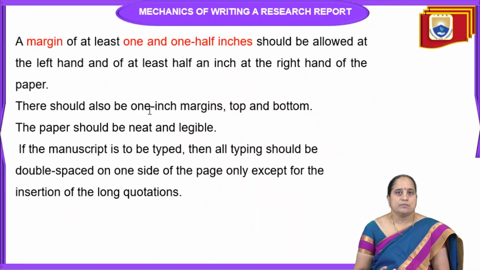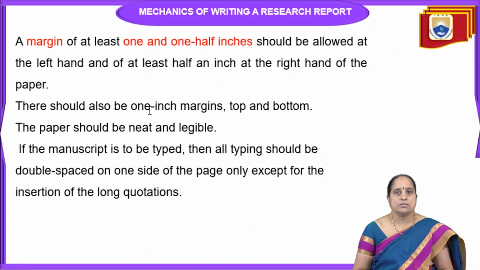Then we need to discuss the margin. Whenever we are talking about margin, to make the report very attractive, we need to follow guidelines. On the left hand side, we have to leave 1.5 inch and on all other three sides of the paper, 1 inch.